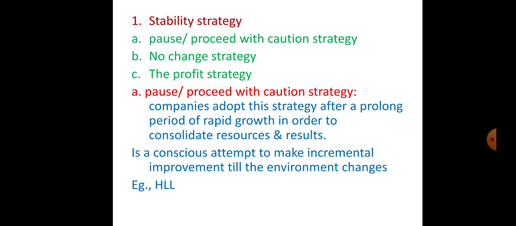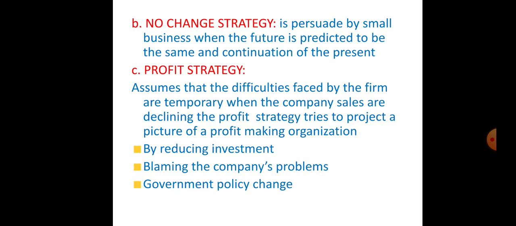It is a conscious attempt to make incremental improvement till the environment changes. No change strategy is pursued by small business when the future is predicted to be the same as the present. So they don't want to make any new strategy.